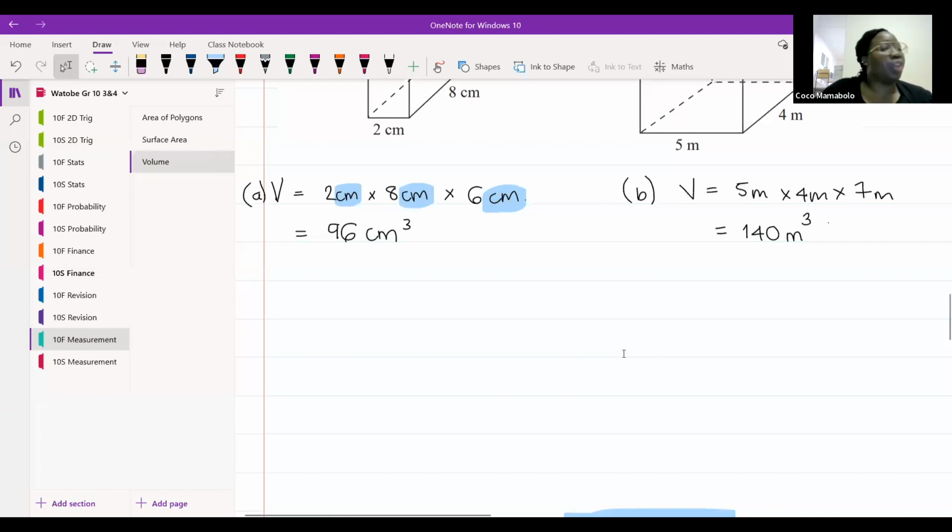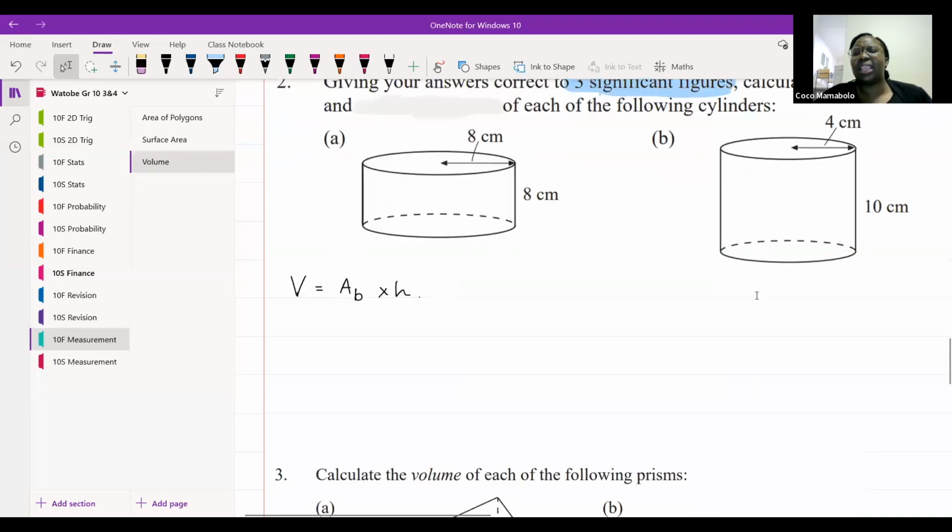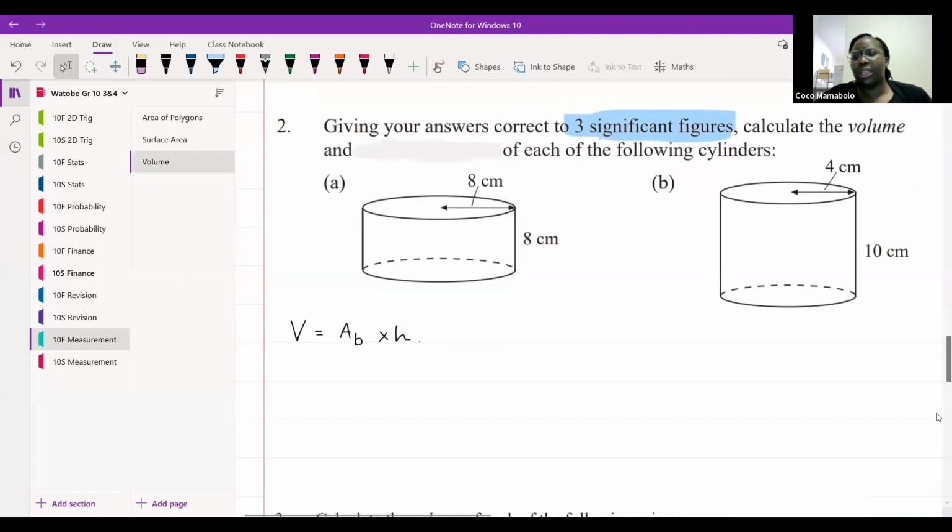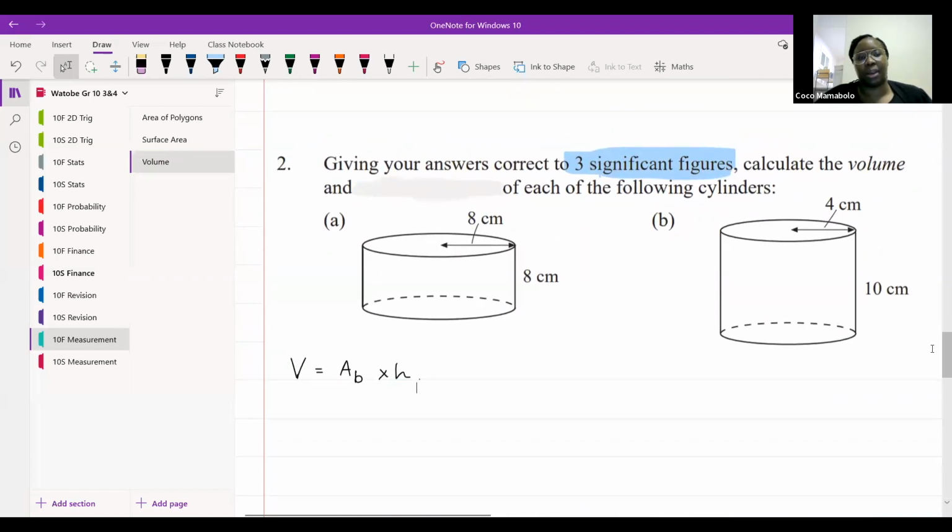Oh, I'm sorry, princess. No, Sinako, you don't have to know them off by heart. In most things, they will give you the formulas. Maybe your teachers might not be nice and they'll just decide, nah, we don't want to give them the formulas. But mainly they normally do give us the formula, so don't even stress about it.